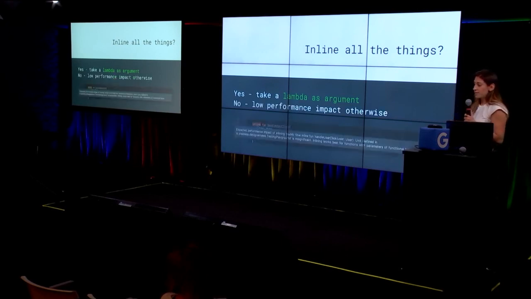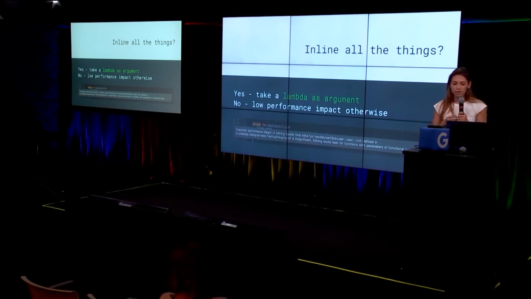But if you're not passing a lambda as an argument, then actually there's a low performance impact. Even more, your IDE will tell you that, if you just have an inline function that gets a user, there is no actual performance impact, and that you should only use it when you're passing a lambda.